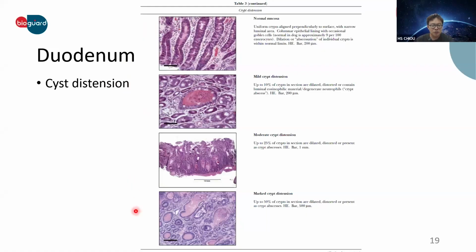In marked distension, up to 50% of crypts are involved, showing severe dilation, distortion, and abundant inflammatory debris, indicating significant mucosal damage. So overall, crypt distension is a useful indicator of active epithelial injury and inflammation, especially when neutrophils and crypt abscesses are present.